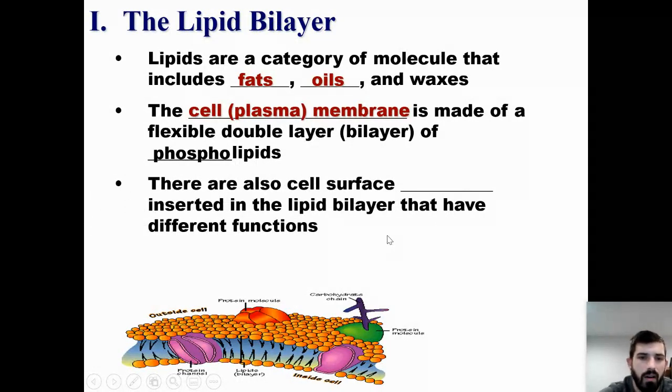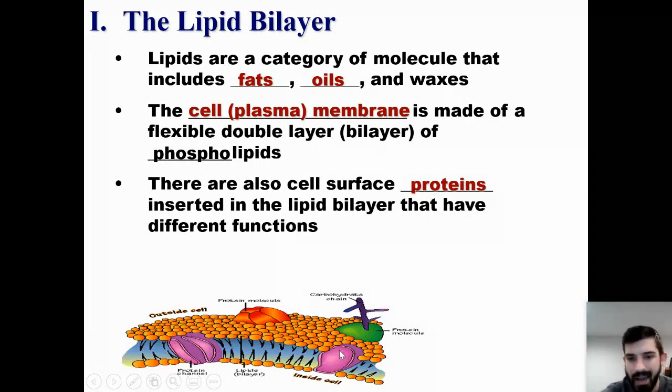So there are also cell surface structures, proteins inserted into the lipid bilayer that have different functions. This purple thing here, this purple thing over here, this orange thing in the back, this green thing, these are all different types of proteins that have different jobs. This protein right here is a protein channel. It's going to help transport materials into and out of the cell.